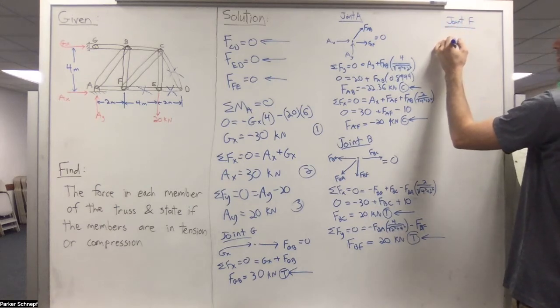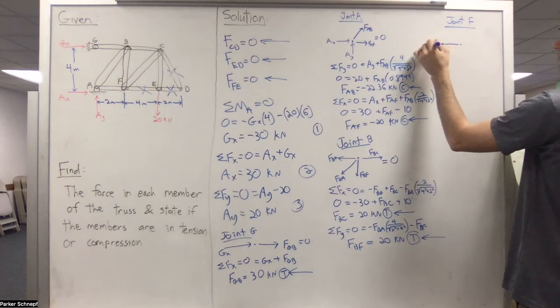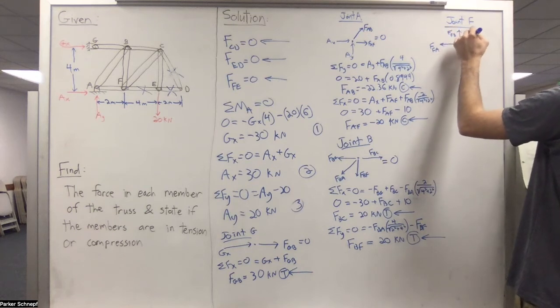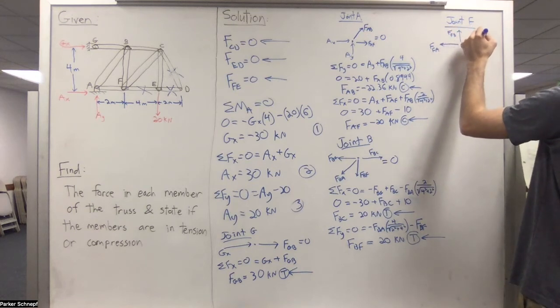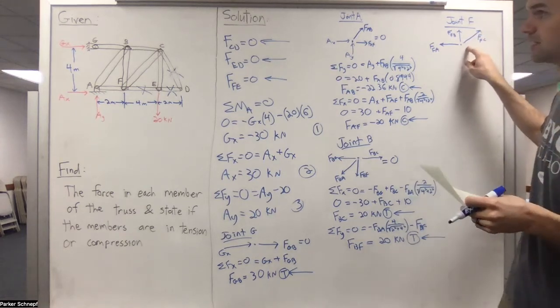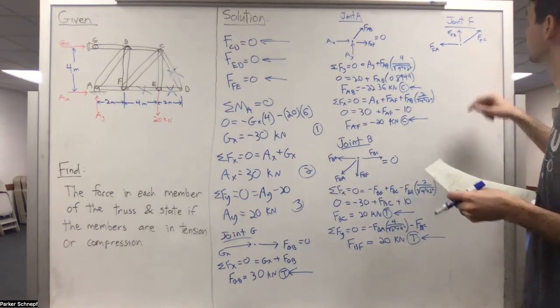We have force AF or force FA, we have force FB, we have force FC. And we don't have to draw FE because we already identified it as a 0 force. So we're just going to leave it off.